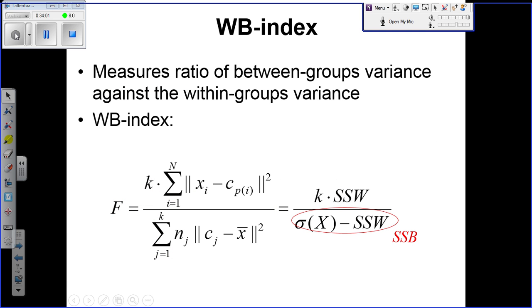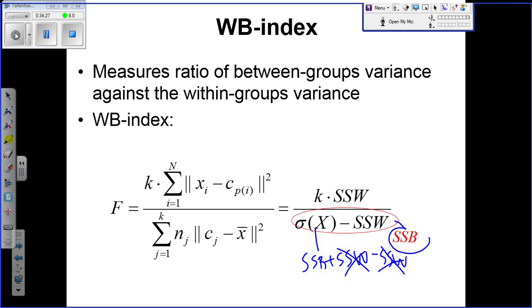So let's see if the next equation makes more sense. Okay, now here. This was the sum of the two, SSW plus SSB. Now, if we subtract SSB from here, what happens? They cancel each other out.